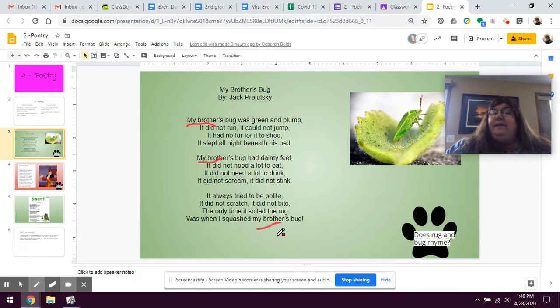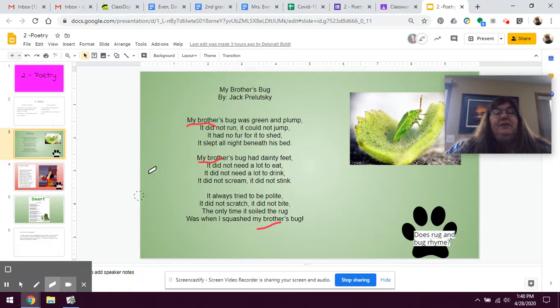So that's telling me that the sibling of this kid is who's telling the story, because he keeps saying my brother. Now, do we know if the sibling is a boy or a girl? Not necessarily, but I can infer that it's a boy because I know that boys love bugs. And so that tells me that it's probably a boy. But I don't know that for sure because I'm sure there's some girls out there that like bugs.